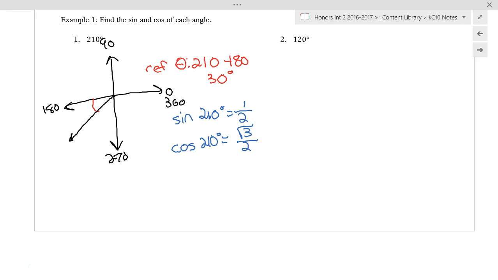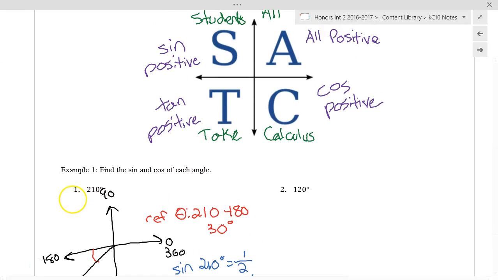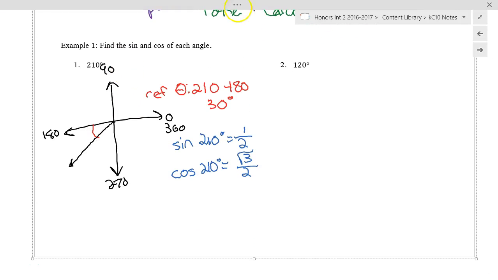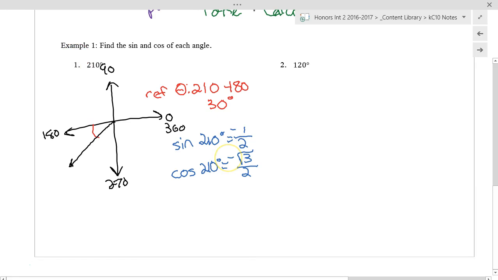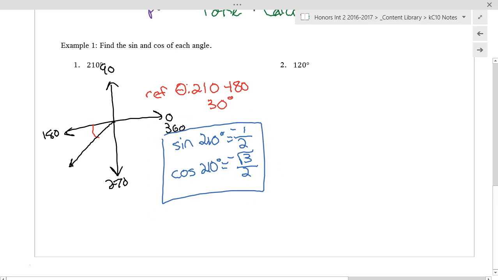Then the last thing I want to look at is that I am in the third quadrant with this angle. So are these going to be positive or negative? In the third quadrant, tangent is positive, so that means sine and cosine are both negative. So really it's negative 1/2 and negative square root 3 over 2. And that is our answer. And we are done.